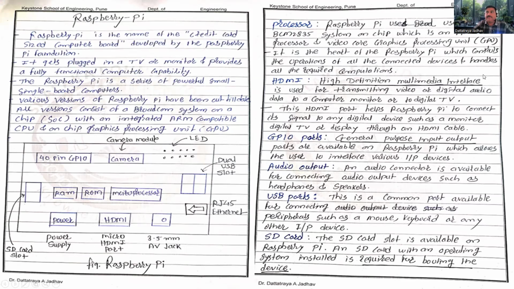Then HDMI, that is High Definition Multimedia Interface, which can be used to interface with the microprocessor, which contains an ARM processor and the GPU. So it is good for these features. So this is an overview of what a Raspberry Pi contains.